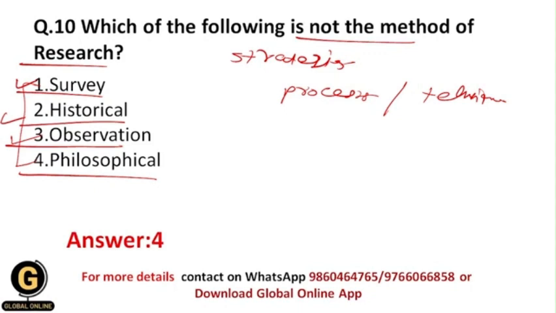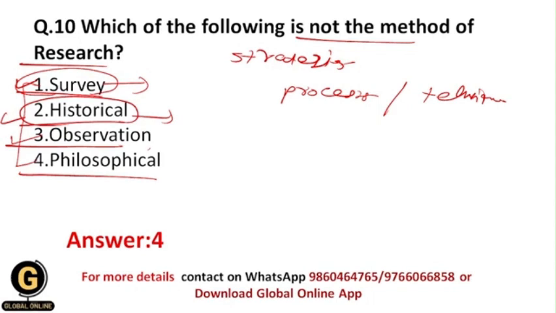And that's why your correct answer should be 4, because within the survey we can ask questions to the respondents and respondents give us the answers. Within the historical method of research, we can collect data from the past, through people in the past, or through pictures or videos which are recorded.